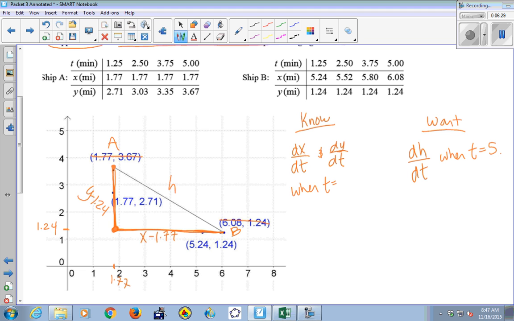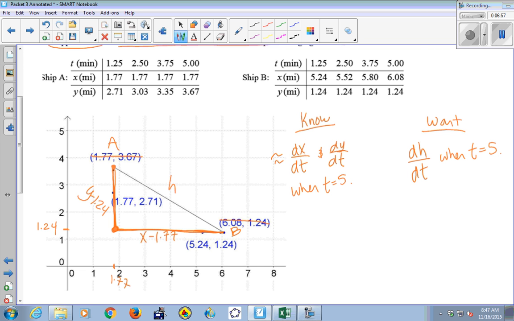So I know approximately I can figure those out, can come up with an estimate, which is okay because the question said approximate dh dt. So let's figure out what those are first before I start trying to solve my related rates problem. I need to know the things I know. So dx dt and dy dt when t is 5.